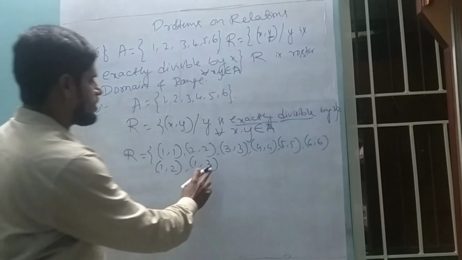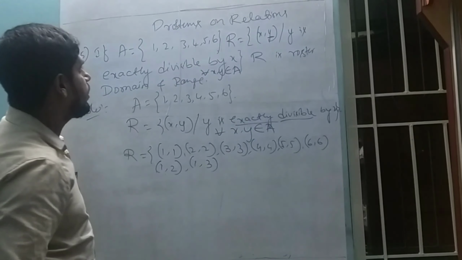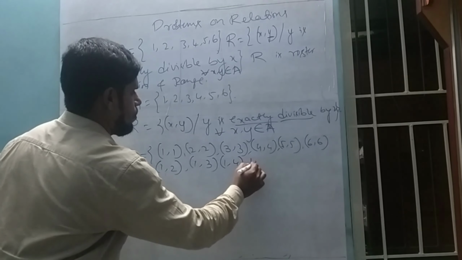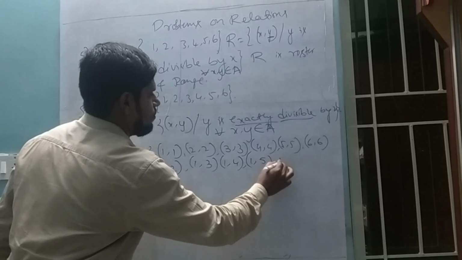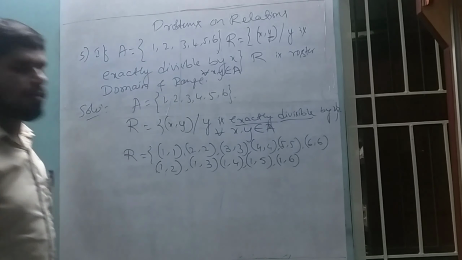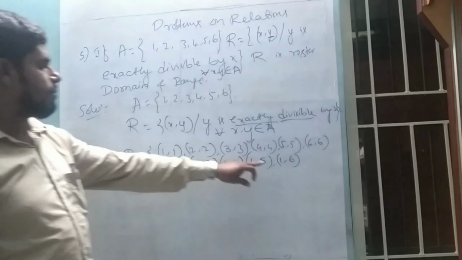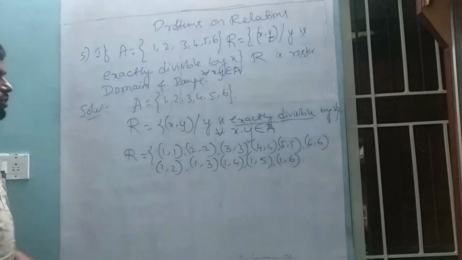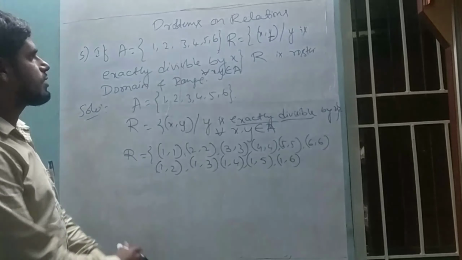Yes, 3 is divisible by 1. Then (1, 4), (1, 5), (1, 6), because every number is divisible by 1. 5 by 1, 6 by 1, 4 by 1, 3 by 1, 2 by 1. The answer is 2, 3, or whatever the direct numbers.